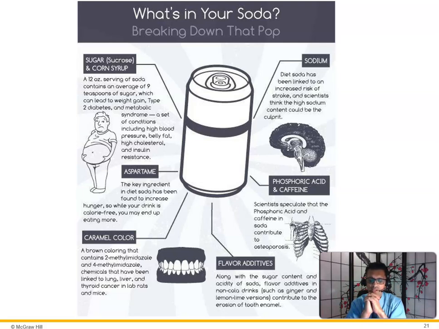Now if I drink a lot of soda, which is high in phosphorus, especially diet soda tends to have a higher amount of phosphorus, well, the body is trying to equalize that, so what it will do is it will leach the calcium from the bones to counteract the phosphorus that's in the blood, right?